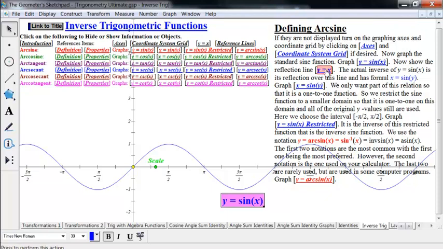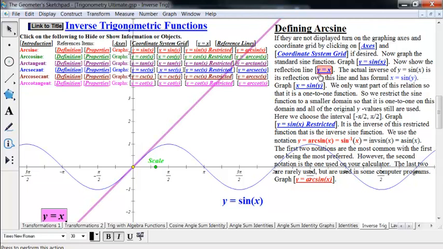So if we put the line y equals x on here, and then we reflect this, so if we just take our formula and change this y to x and that x to y, then we have x equals sine of y, and there's the graph of x equals sine of y. Notice it's flipped over. The original sine of x is flipped over the line y equals x to get a reflection there.